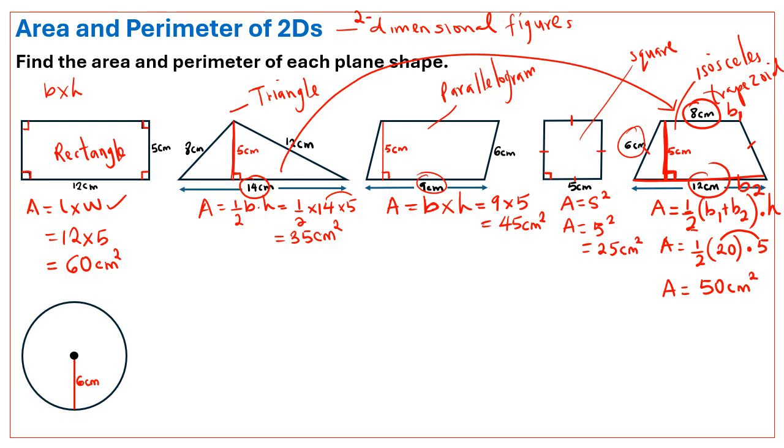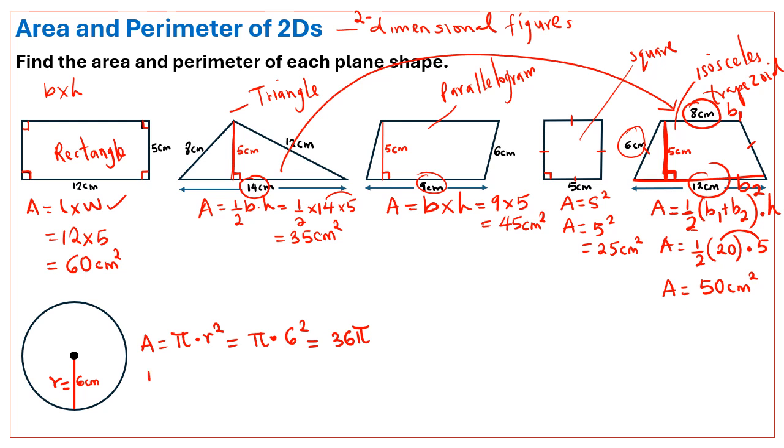And then for the circle, the area of a circle is pi times the radius squared. Here, the radius is 6. So the area will be pi times 6 squared, which is exactly 36 pi.